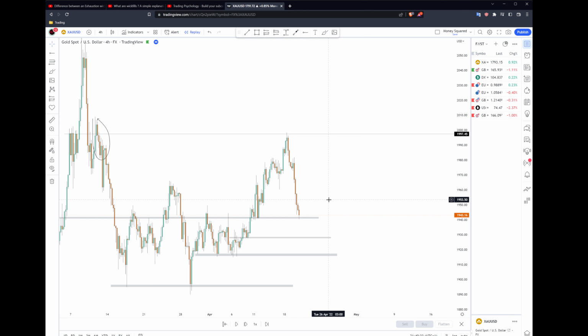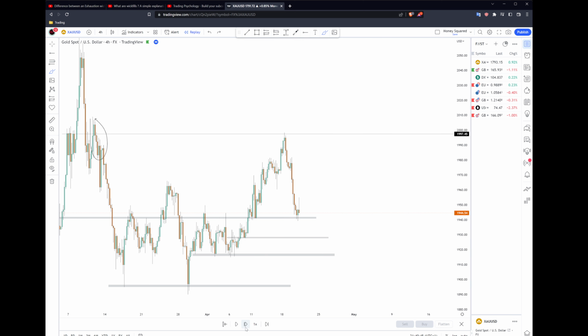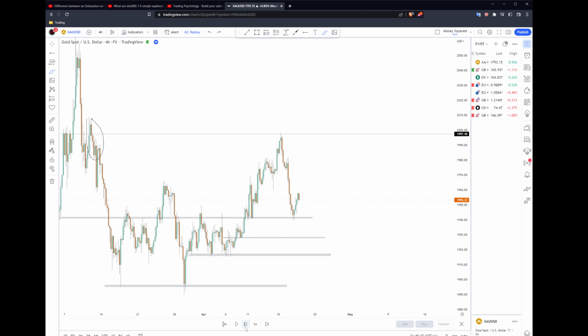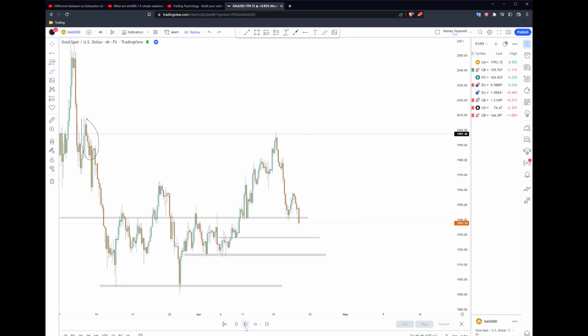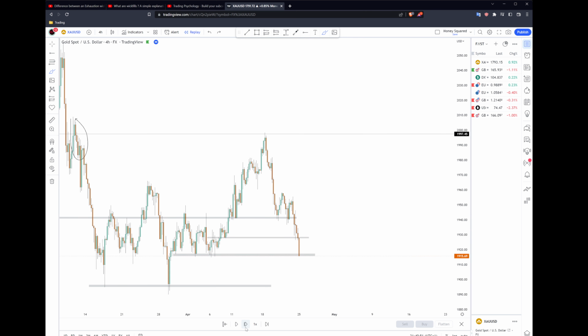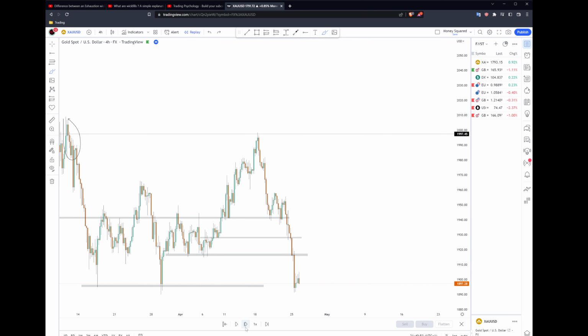It doesn't necessarily mean these levels will be respected, but here, for example, we can find support here, and then we have this clean traffic, so we can move again to clean the traffic that we made. This level here, for example.